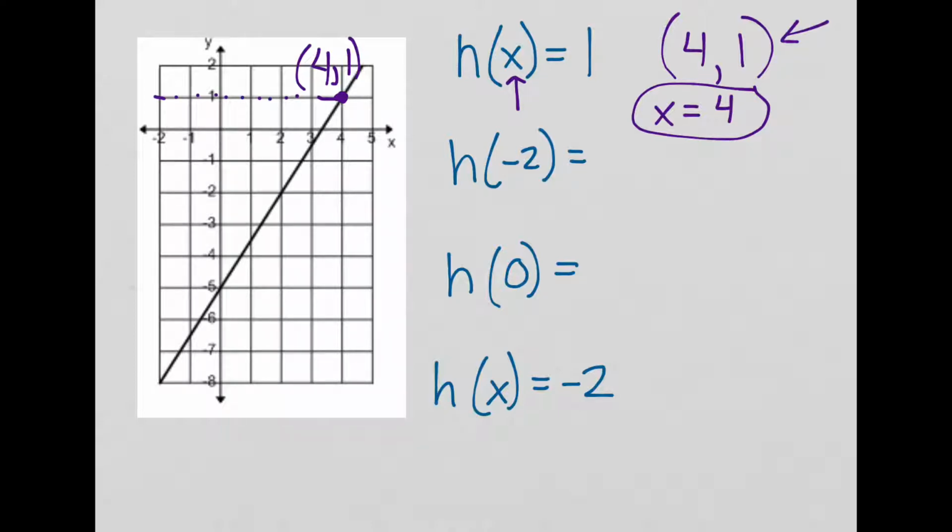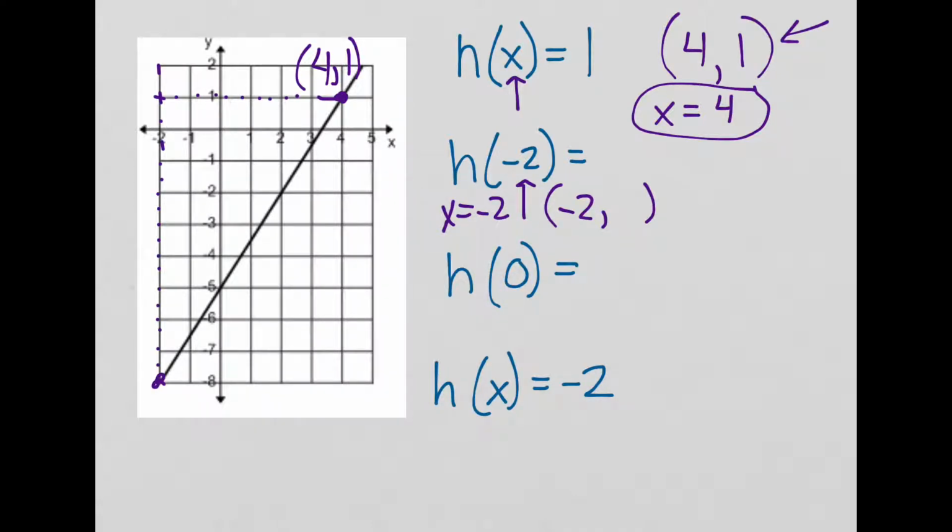Okay, part B, h of negative 2. Do I know x? You betcha. X must be negative 2, because normally there's an x written in there, but now there's a negative 2. So x equals negative 2 this time, and instead of the x coordinate, I must be looking for the y coordinate. What is y when x is negative 2? Drive down the x equals negative 2 road. Boom!